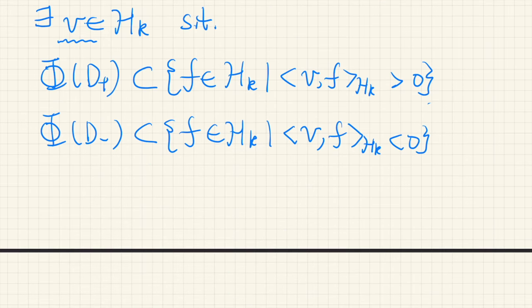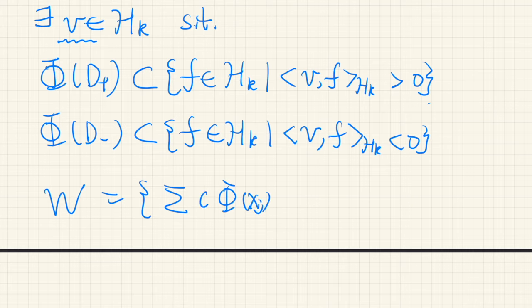And for that, we first define a subspace W, which is spanned by the vectors phi of x_j. So it's a subspace consisting of all the vectors that can be expressed as linear combinations of these vectors phi of x_j, j from 1 to n, where each c_j is a real number.